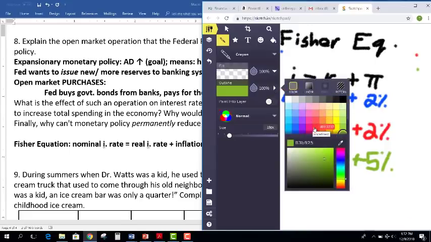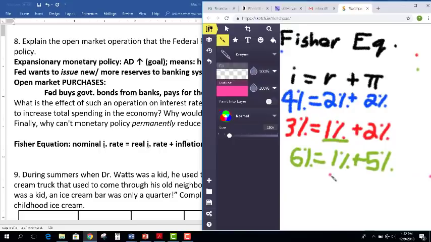So what we might ultimately wind up with is something like this. Let's say our real interest rate goes back to 2%, and the inflation is up at this higher level of 5% still, because the Fed has undertaken expansionary policy, more money in the system. And now nominal interest rates might rise even further.